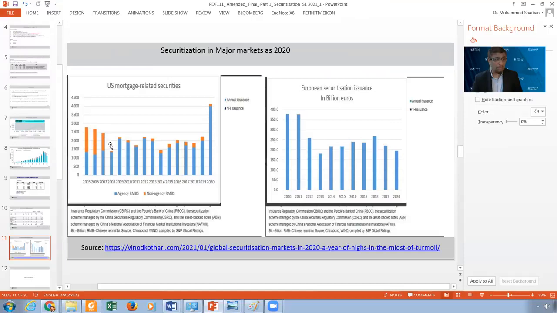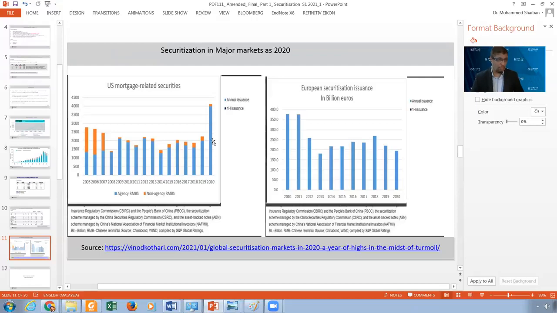After 2008, that was dropping, but now they are picking up, especially in 2020. This is some arrangement between the Americans and the Chinese to issue more securities, and the Chinese will buy these housing loans, these securities backed by loans in the US.